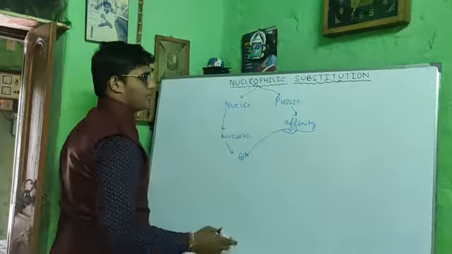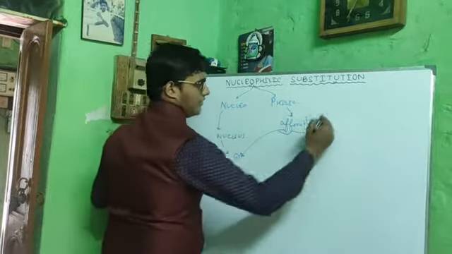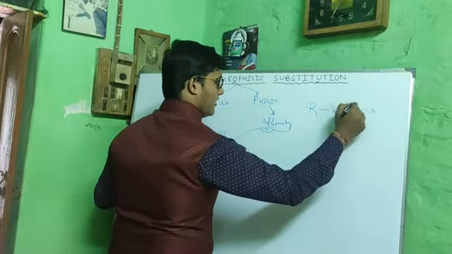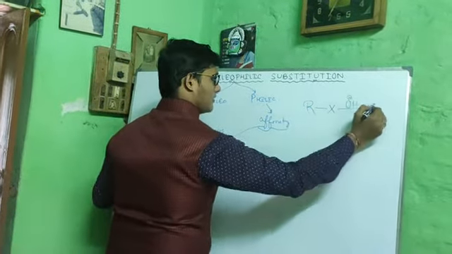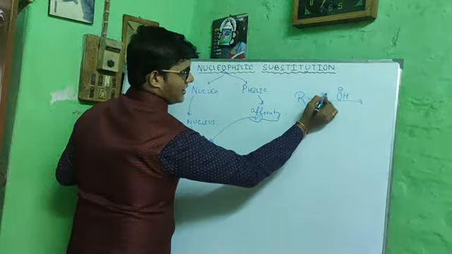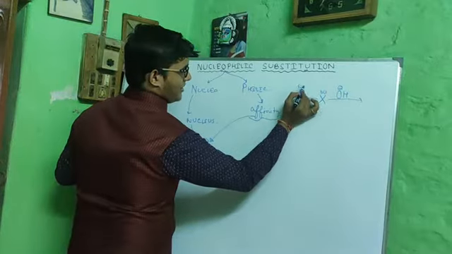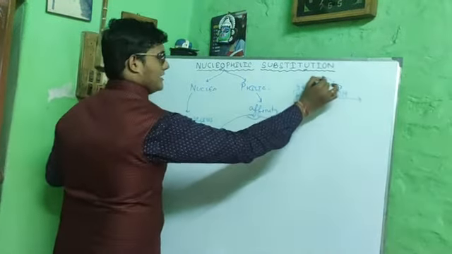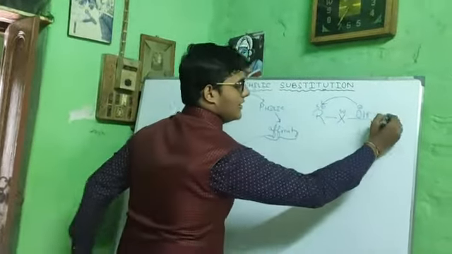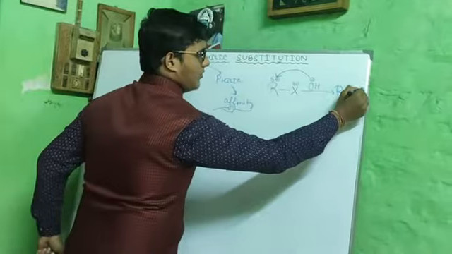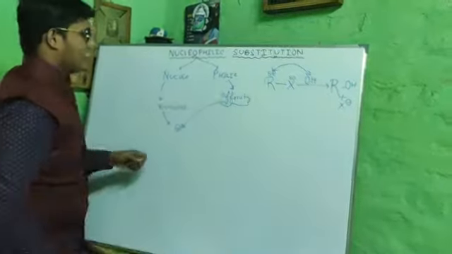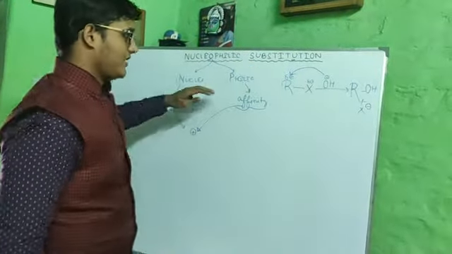Taking the example RX and OH minus: X is a halogen, so it will be highly electronegative, with a partial negative charge, and the carbon will have a partial positive charge. The OH negative group will attack this partial positively charged center, give off ROH and furnish X minus. So this is a nucleophilic substitution reaction.